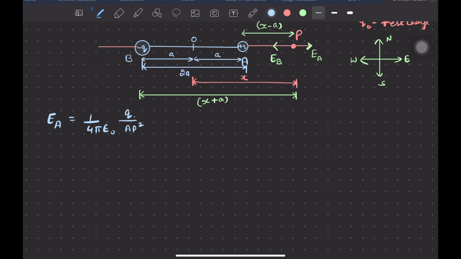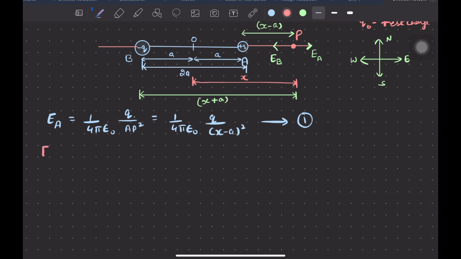Substituting the value from the diagram, which is already labeled, we get 1 upon 4 pi epsilon naught Q upon x minus a whole square. That is equation number 1.